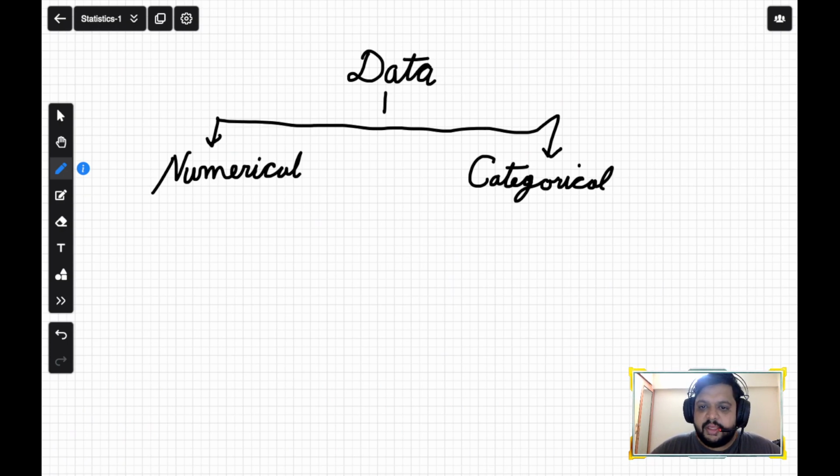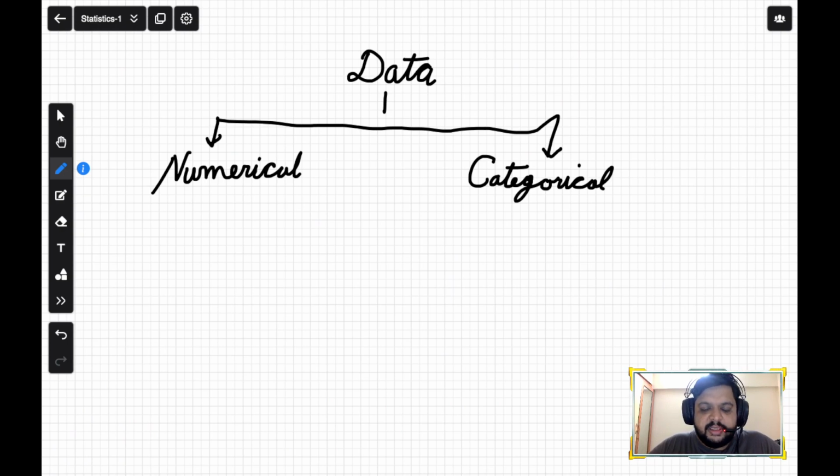Now if you think about it, they are a kind of category, correct? Similarly, if we talk about cars, cars also fall into a kind of category. Like we have the Maruti Suzuki car, Mercedes, BMW, Audi, Honda, Hyundai, etc. Now, if you see, we cannot give them a number, correct?